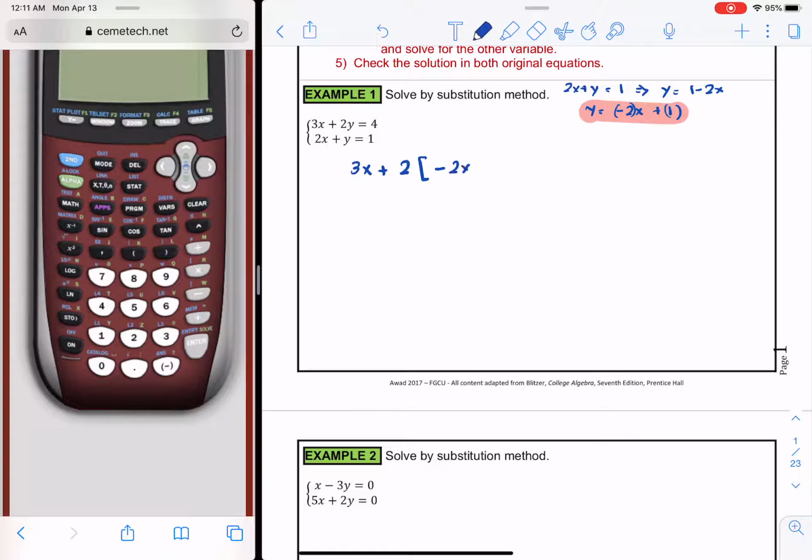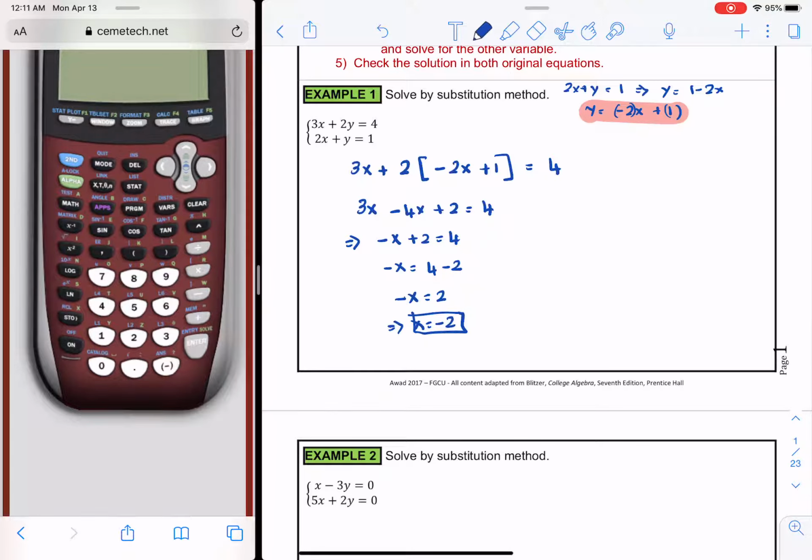So I have minus 2x plus 1 equals 4. So 3x minus 4x plus 2 would equal 4, which would imply negative x plus 2 equals 4. Negative x would equal 4 minus 2, which would mean negative x is 2, therefore x is negative 2.